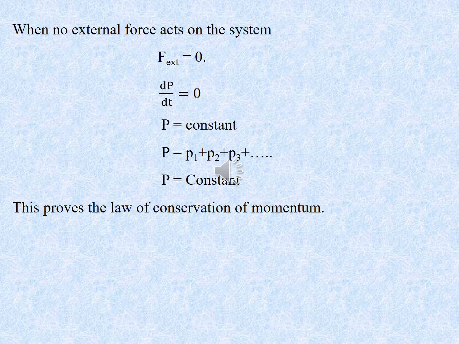When no external force acts on the system, F external is equal to 0, dp by dt is equal to 0, that is P is equal to constant. So P is equal to the sum of the individual momenta P1 plus P2 plus P3 and so on, which is constant. It represents the law of conservation of momentum.